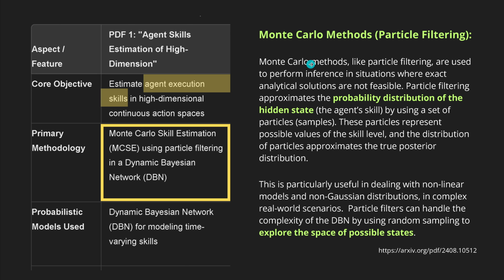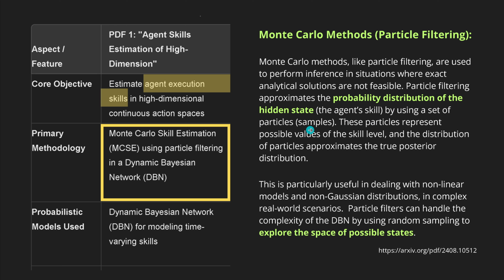Monte Carlo methods, particle filtering, are used to perform inference in situations where exact analytical solutions are not feasible, maybe not possible. So we approximate now. We do not have a clear mathematical analytical solution, but we have to approximate the probability distribution of the hidden state. In our case, it is the skill level of our AI agent, by using a set of particles.